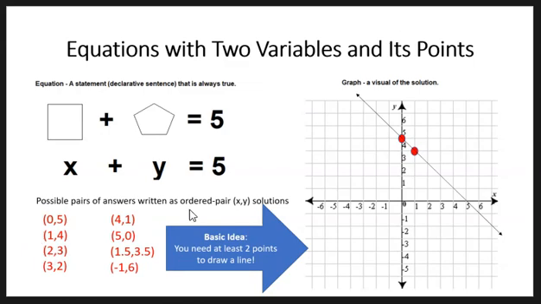Any 2 points that you can find, you can connect with a straight line. In this case, I use 0, 5 and 1, 4. But I could have done it with any other 2 points. And that's the basic idea of graphing linear equations. I hope this helps.